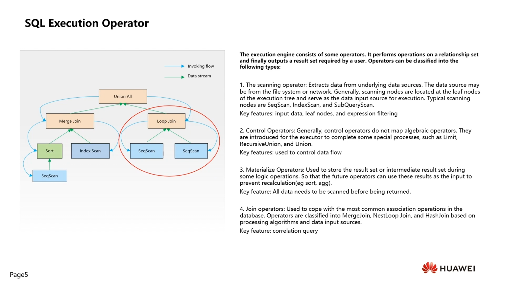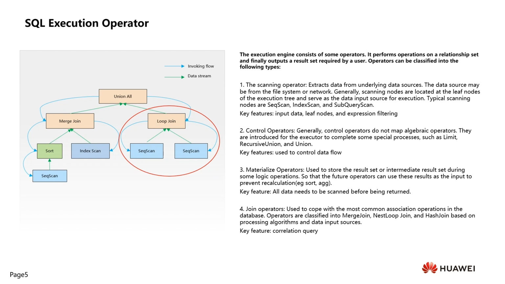Now we have a big idea of the workflow of SQL execution. We can dive deeper into the details of how the execution engine executes the plan based on the plan tree. We call the smallest units in SQL execution operators.